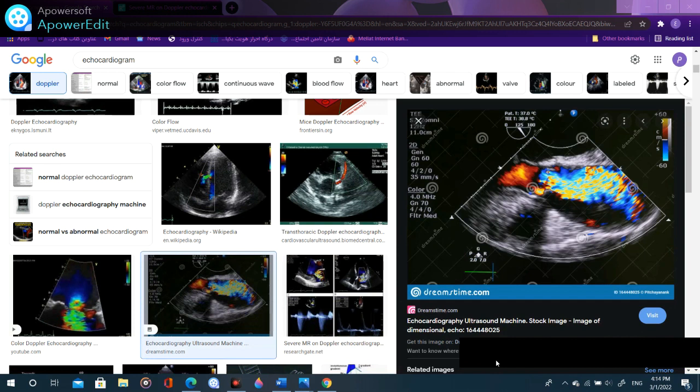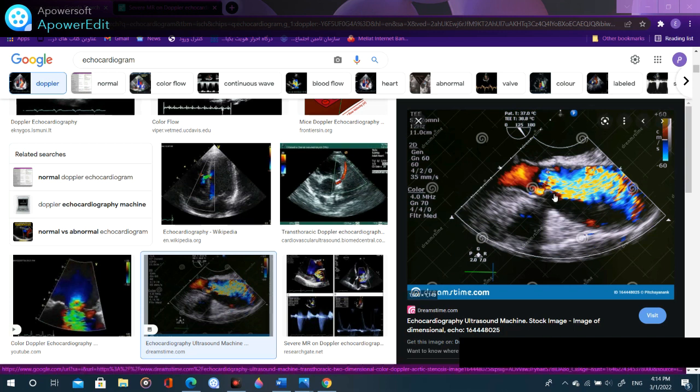Normal flow in the heart is laminar. If there is a deficiency in the flow of blood in the heart, we see turbulent flow. We see turbulent flow in echocardiography as yellow flow.